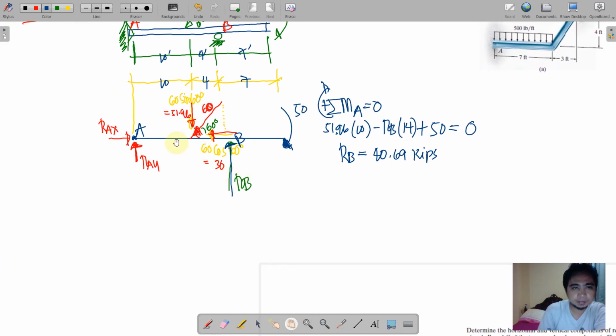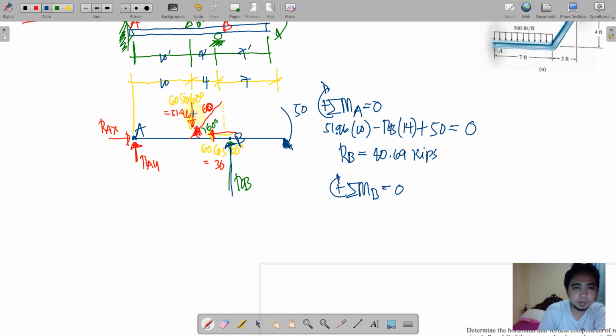So, next, for the other reaction, of course, we will take moments on the other support. Summation moments at B is equal to 0. So, dito naman tayo mag-moment. Again, this horizontal component of 60 will have no moment arm, so that will be neglected.